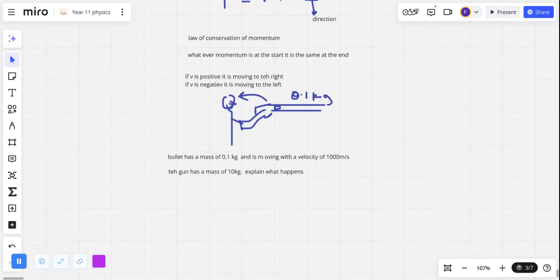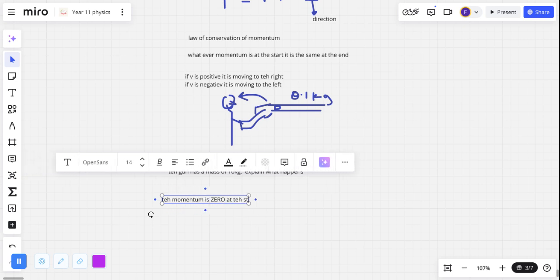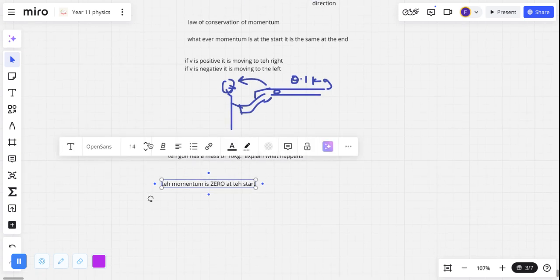So now, if you don't understand something, put your hand up, drop me a comment. So at the start, before he fires the gun, this is really important, the momentum is 0 at the start because nothing is moving. He hasn't fired anything.